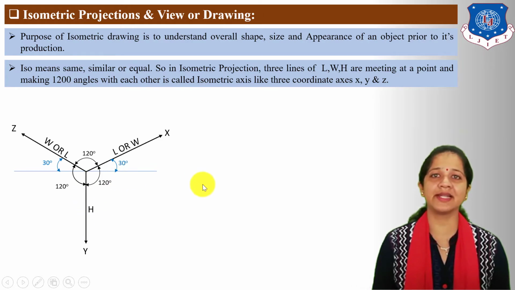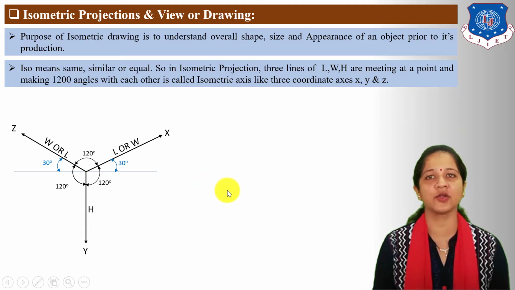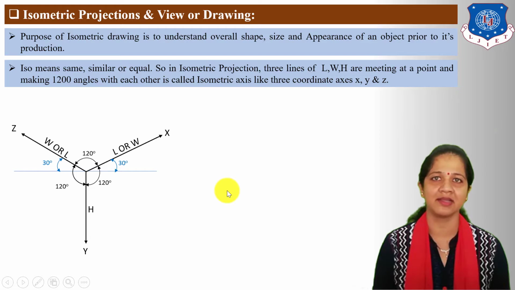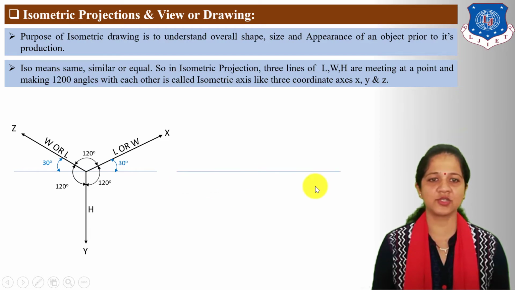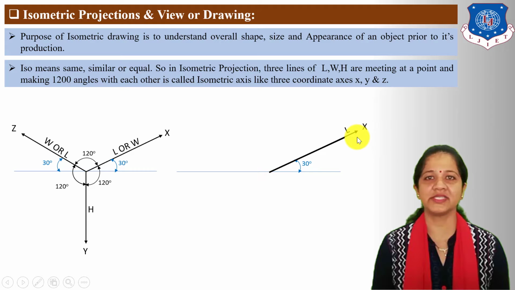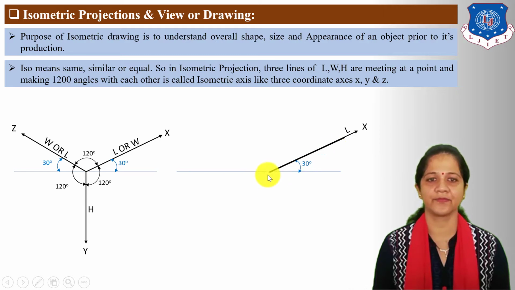Now next let us understand how to complete isometric box according to length, width and height. First draw horizontal reference. From horizontal reference, draw 30 degree angle line which indicates x-axis. Here length is taken on x-axis.